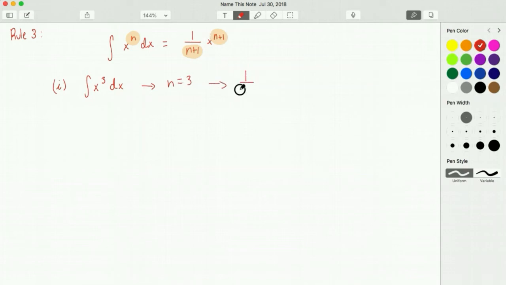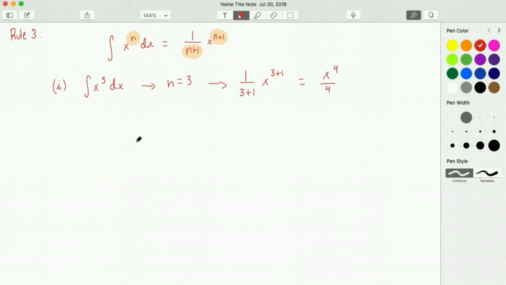So it's 1 over 3 plus 1 times x to the 3 plus 1, and all of that is going to be equal to x to the fourth divided by 4. So again, the simple way to do this is just to think about this exponent, add 1 to that exponent, and divide the function by whatever value you get for the new exponent.